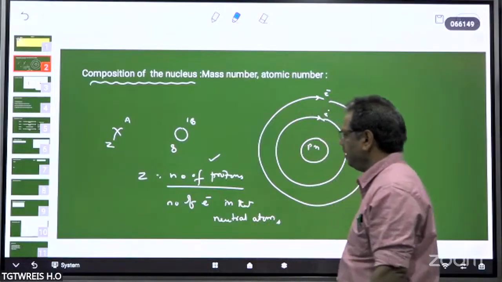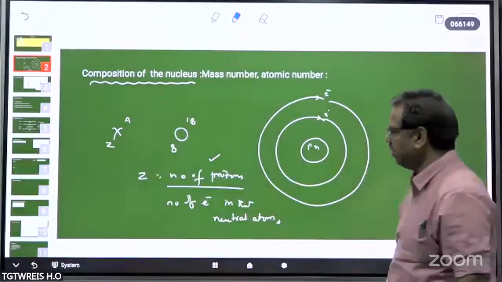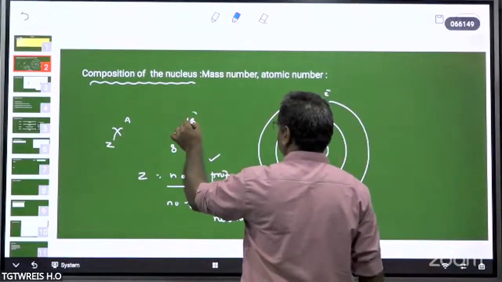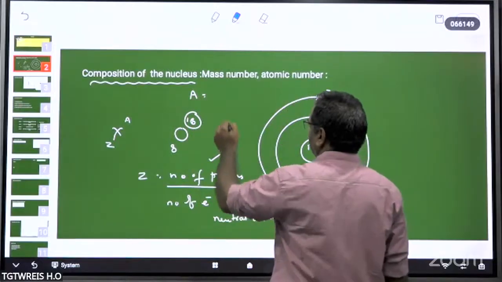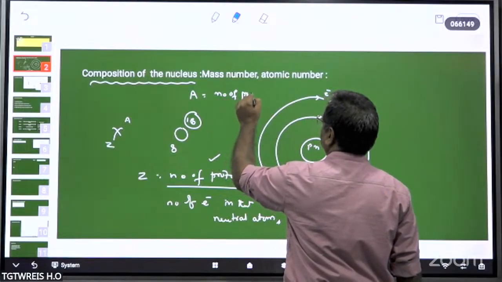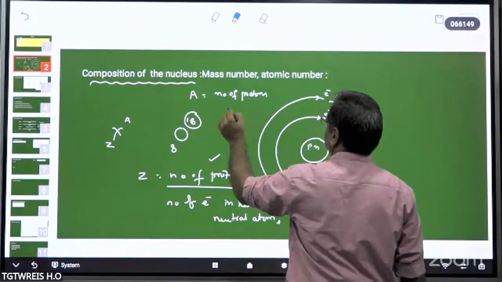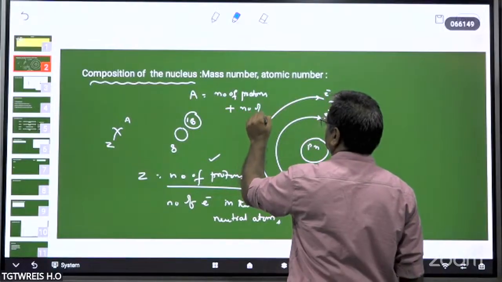So this gives the atomic number. And coming to the mass number, A is nothing but the sum of the number of protons plus the number of neutrons.